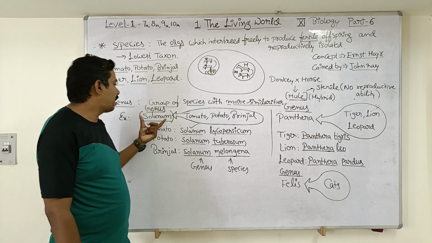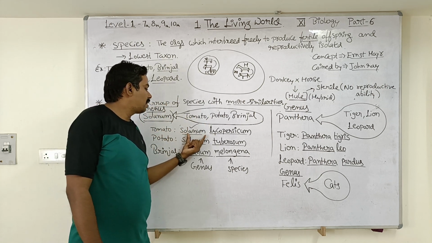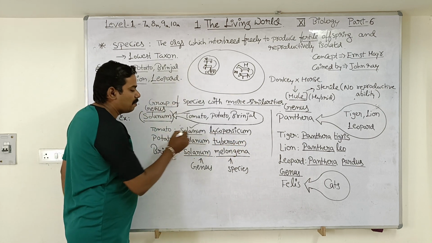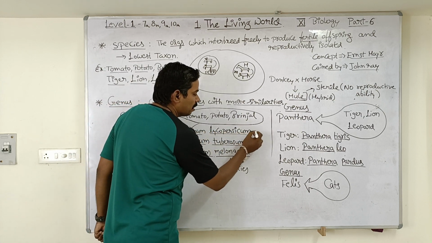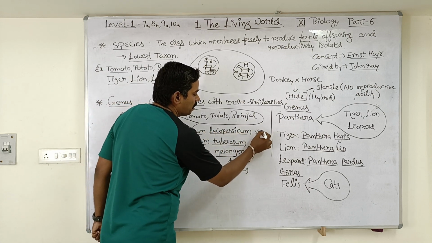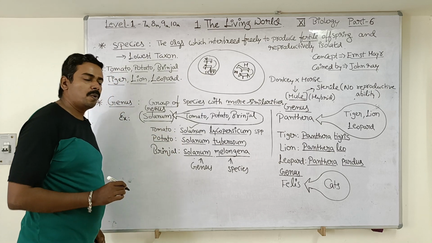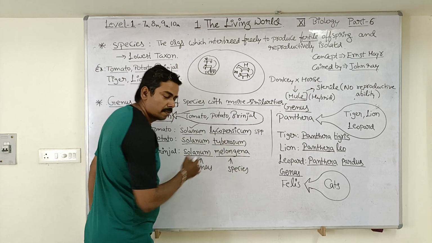So when we write the scientific name of tomato, it can be written as Solanum lycopersicum. So what does that mean? Solanum is the genus or generic name. Lycopersicum is the specific epithet or species name. Similarly, while writing the scientific name of potato, we will write Solanum tuberosum.